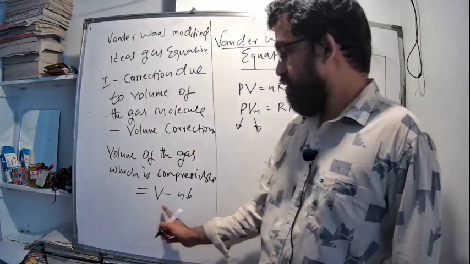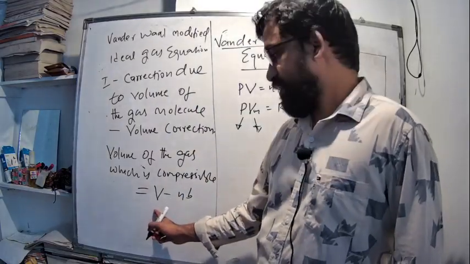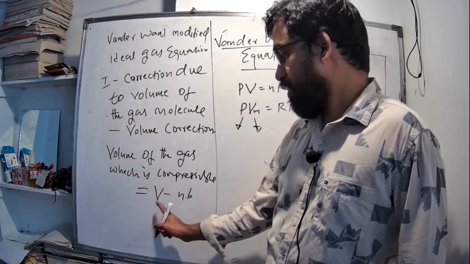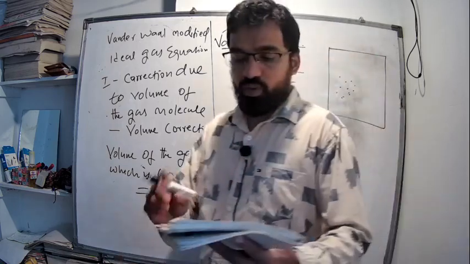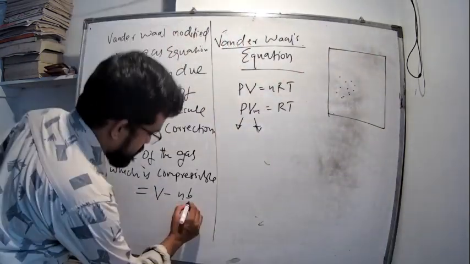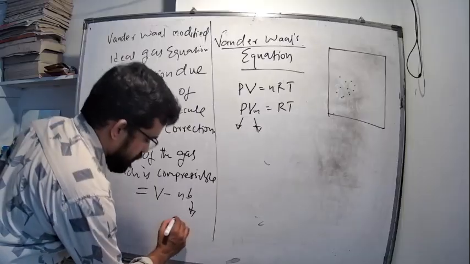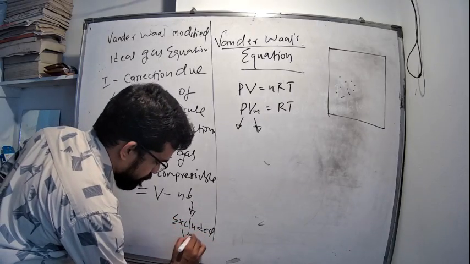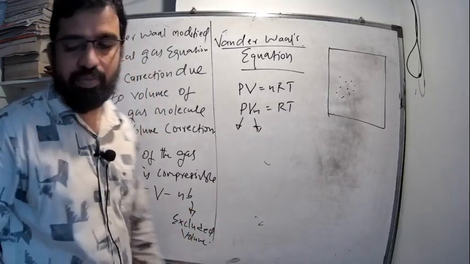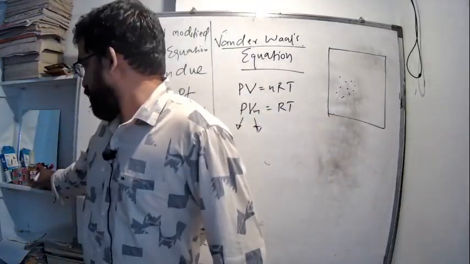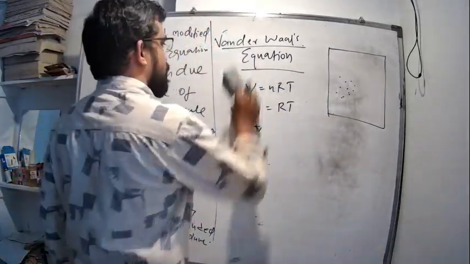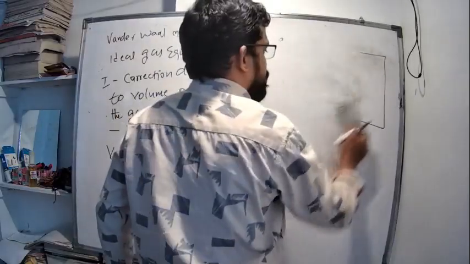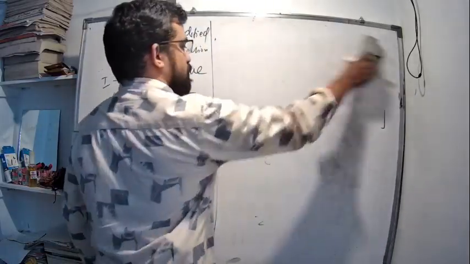V is the volume of the container, and b is the excluded volume. b is the Vanderwaals constant, the excluded volume, which depends on the molecule, varying from molecule to molecule.